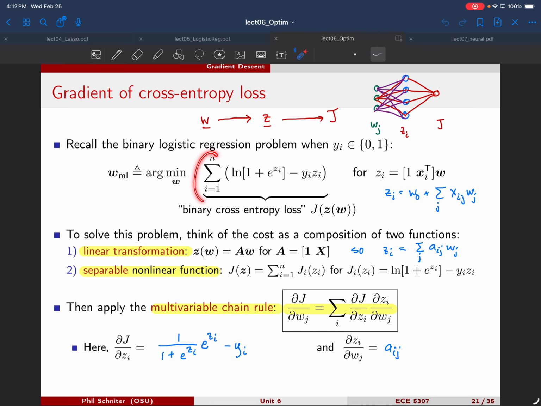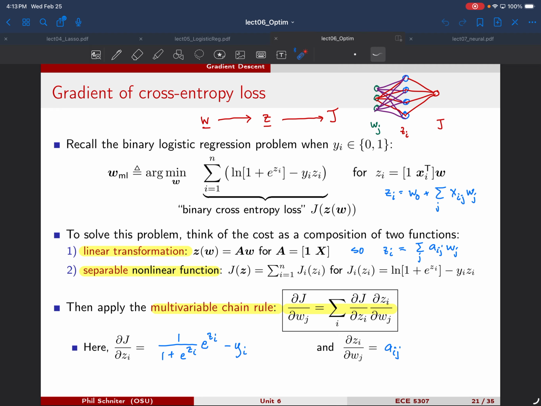The only mixing is really just when they get summed together. But what's complicated is that this is nonlinear. So to summarize, we have a two-stage pipeline that goes from our tunable weights to our cost. The first stage is linear, but everything gets mixed together. The second stage is nonlinear, but it is what we call separable.